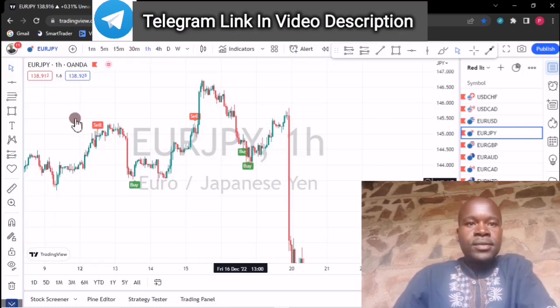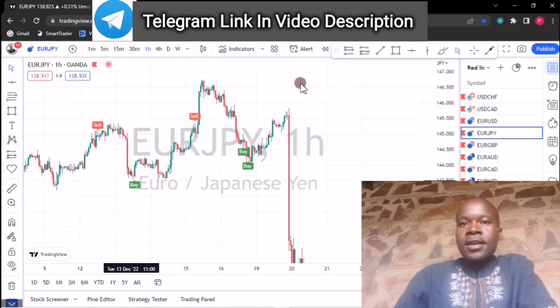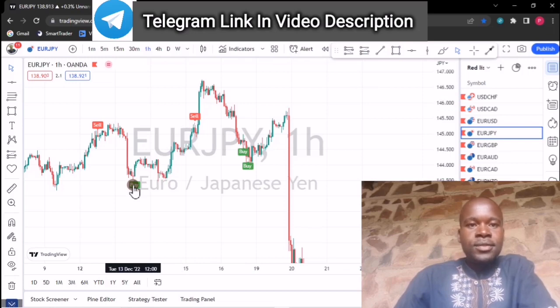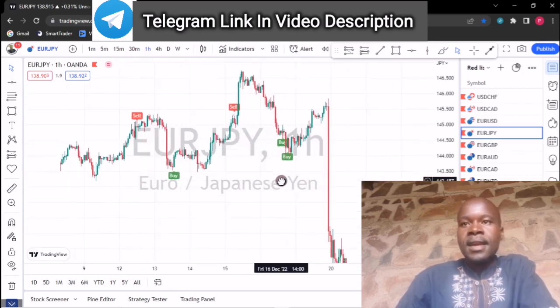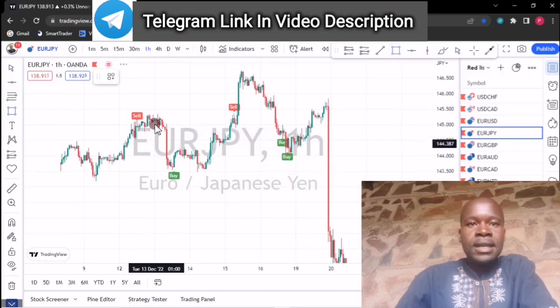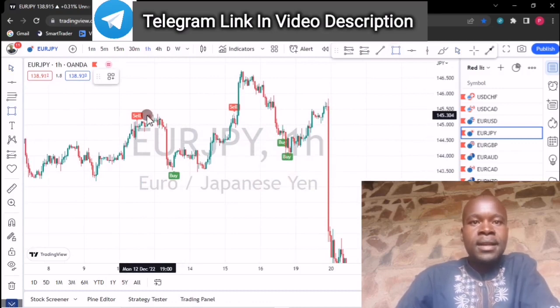So if I were to start, let's say from this, if you see this buy label, the first thing that you need to identify is the turning point just before this buy label, the key level before this buy label. And that key level before this buy label was this one.